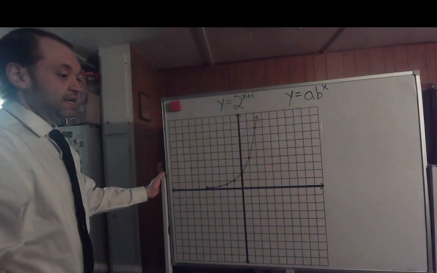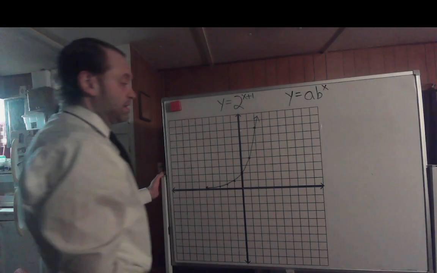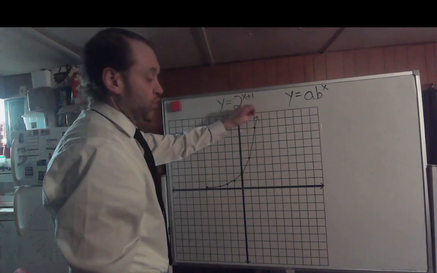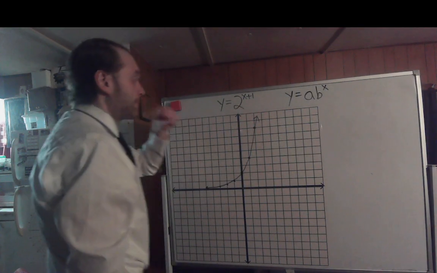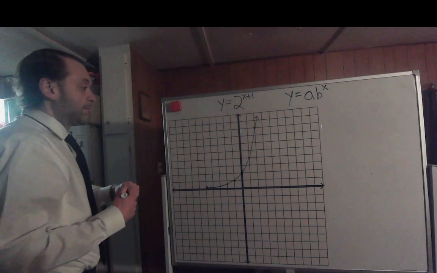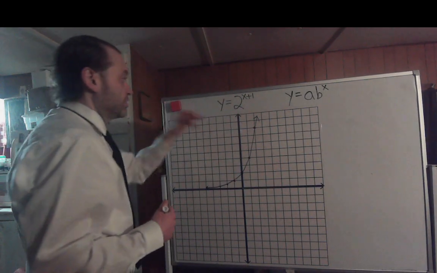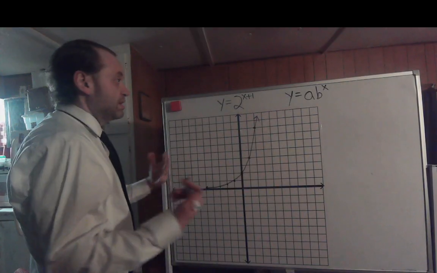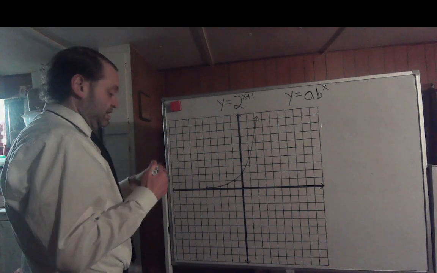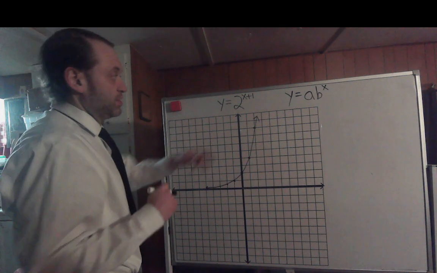That would be a vertical shift. No, that's a horizontal shift, rather. I'm sorry. 2 to the x plus 1, that'd be a horizontal shift. So all my x values, I'm just adding one more, literally.